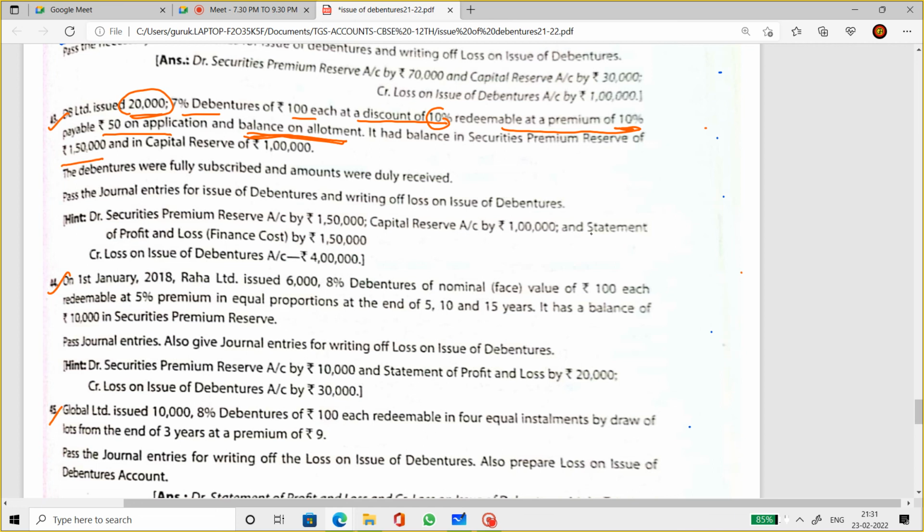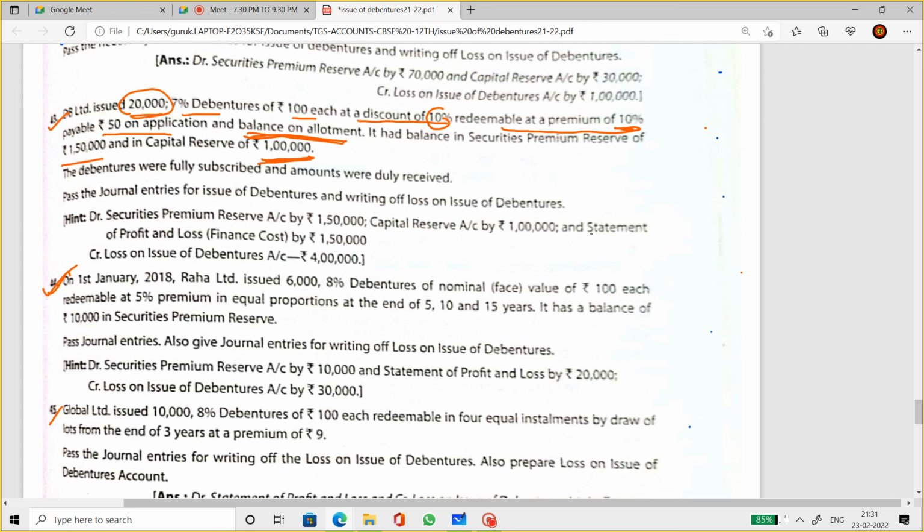SPR contains 1 lakh 50, capital reserve contains 1 lakh. So which means total 2 lakh 50 is available in these two. The remaining 1 lakh 50 will be taken from the profit and loss account. So journal entry will be: SPR account debit 1,50,000, capital reserve 1 lakh, profit and loss account 1,50,000, to loss on issue of debentures 4 lakh rupees.